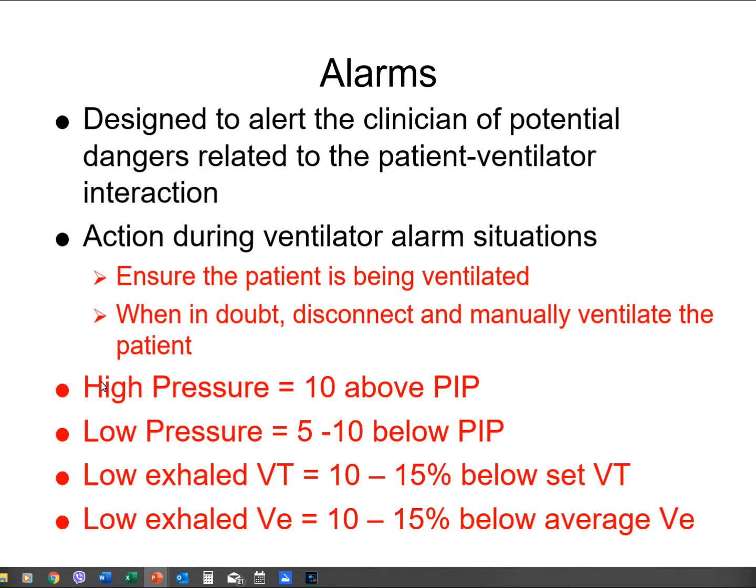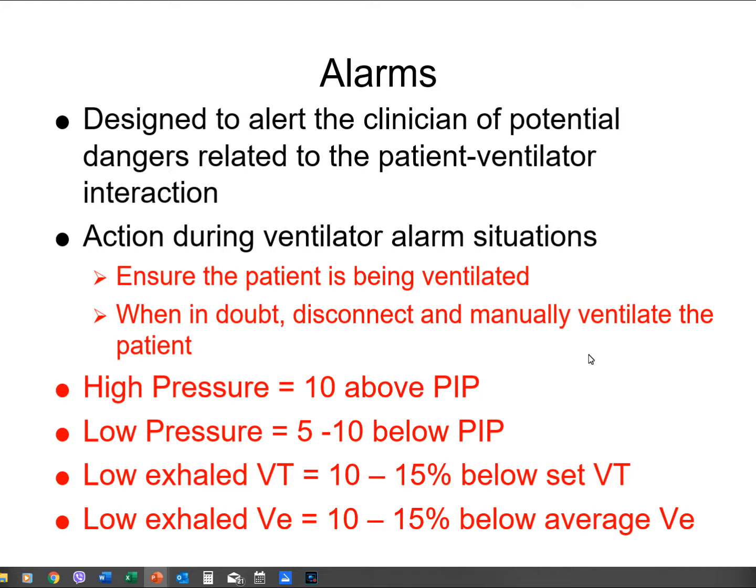So let me take you back up here. Action during ventilator alarm situation. Basically, you want to make sure that the patient is being ventilated, and what you're going to do is disconnect and manually bag the patient. That's going to be your first priority. When the alarms go off, what you're supposed to do on an exam or on the practicum is disconnect and bag the patient.